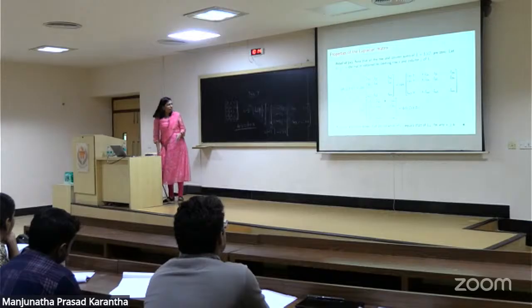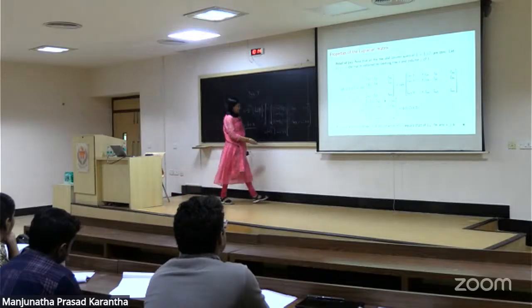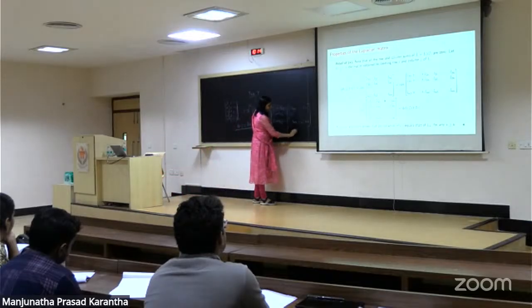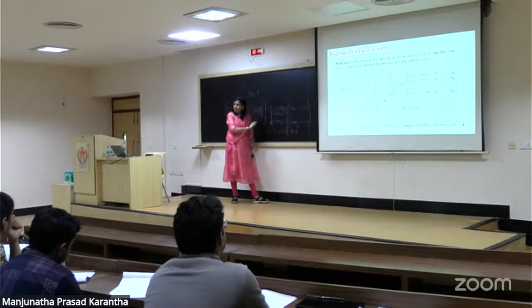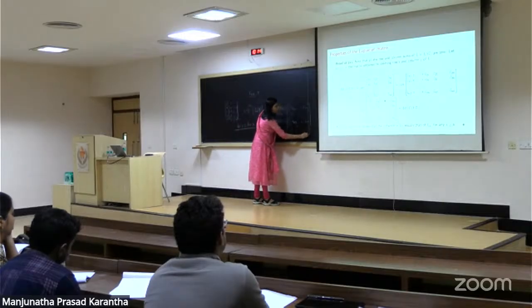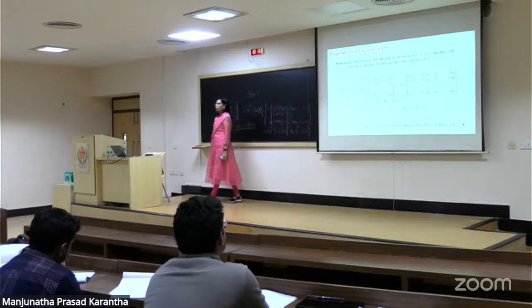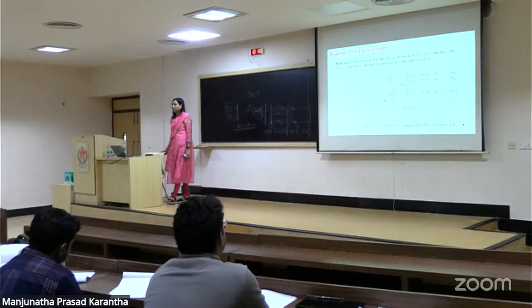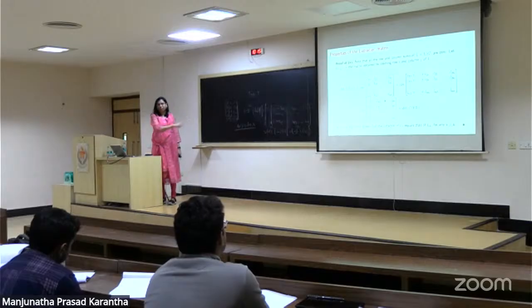So I can show that this is the same as -1 to the power 1 plus j. Any column I could have chosen. So all these cofactors are equal.